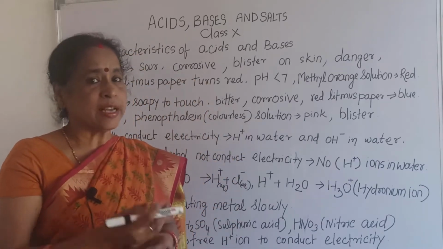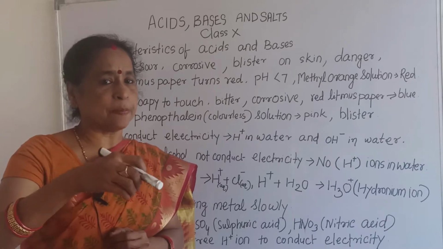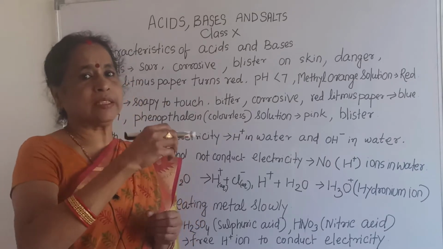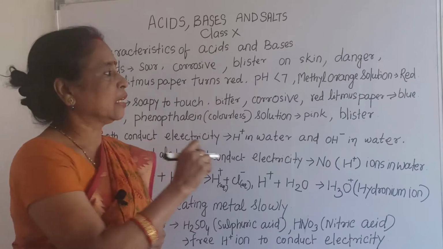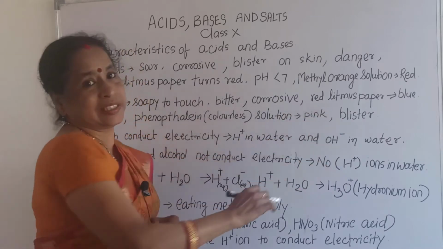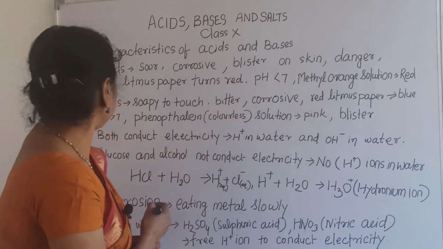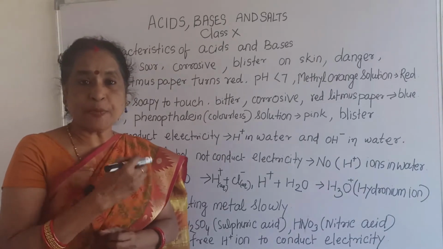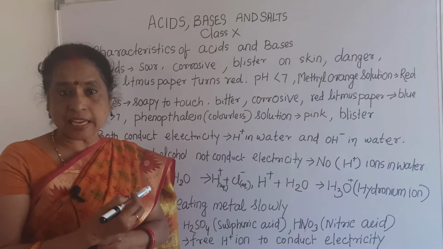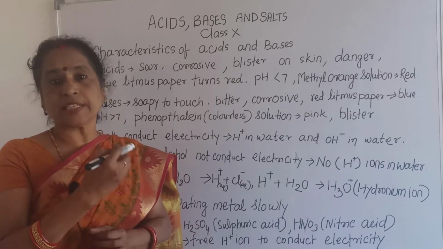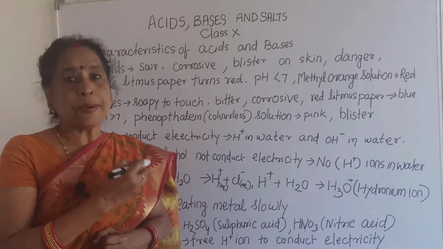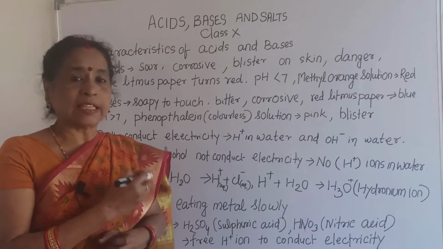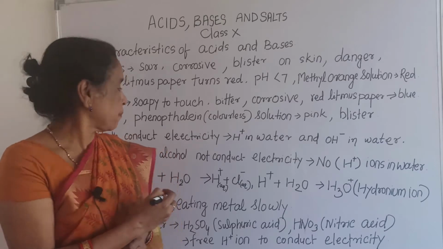Next point, red litmus paper when added to a base in a test tube, the color of the paper changes to blue. Then pH greater than 7. If pH is greater than 7, you should feel, yes, it is a base. If I say pH is 10, that means it is a strong base.